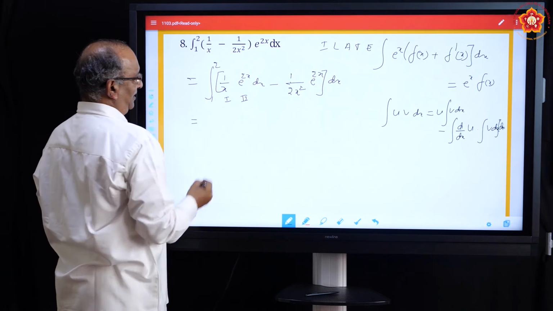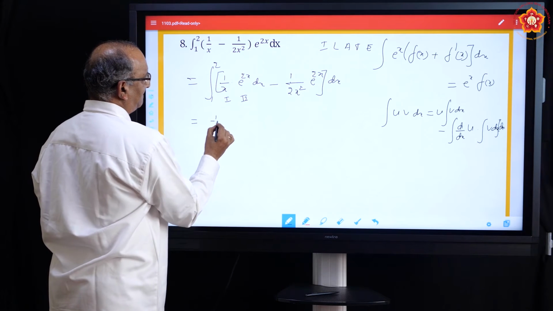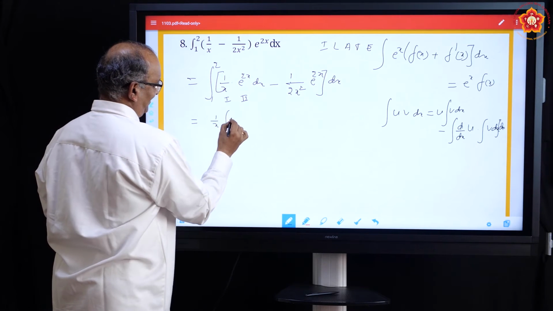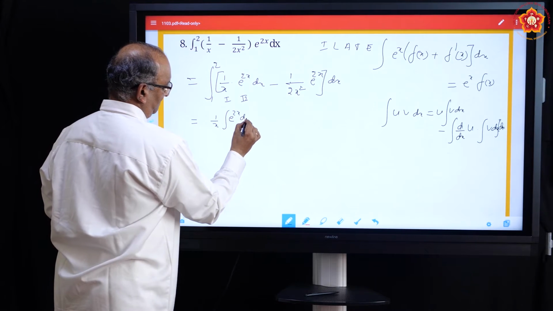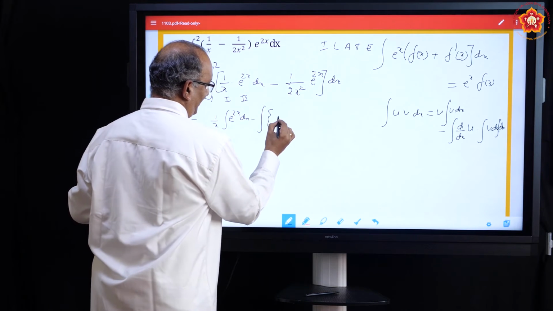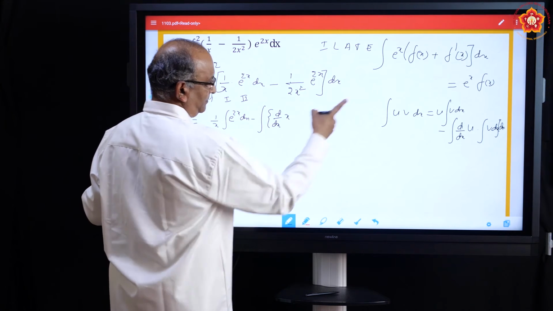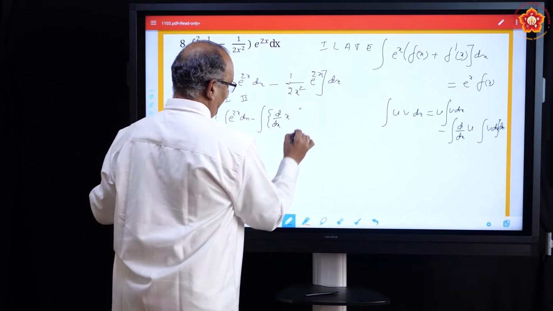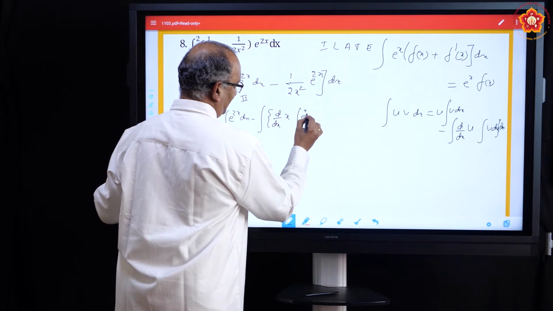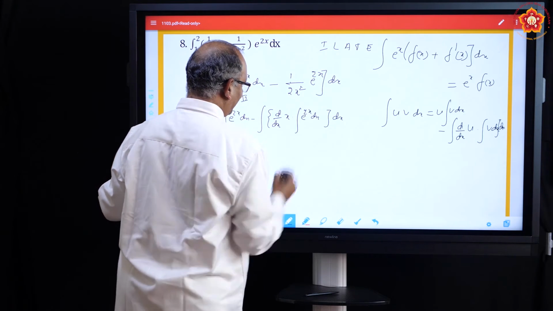So use that formula, product formula. So what is the formula? First function, integral of second minus integral of d dx of first into integral of second, whole integral. This is the formula.